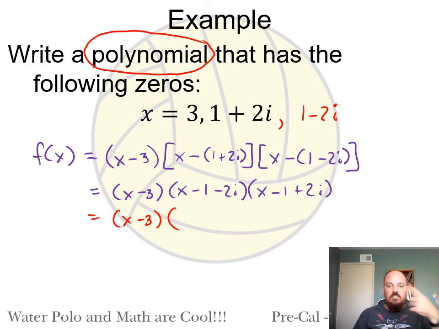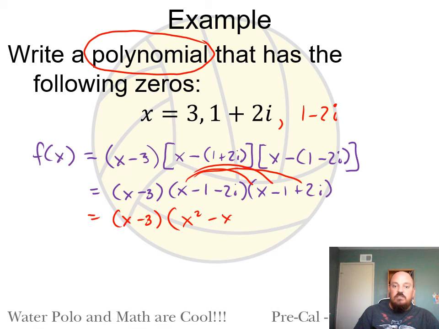I'm going to do basically distributive property 3 times. I'm going to do x times x is x squared. X times negative 1 is negative x. And x times positive 2i is plus 2ix. And then I'll distribute the negative 1.